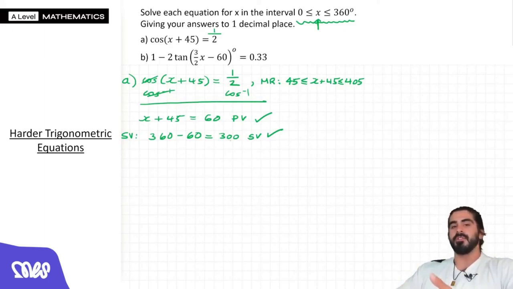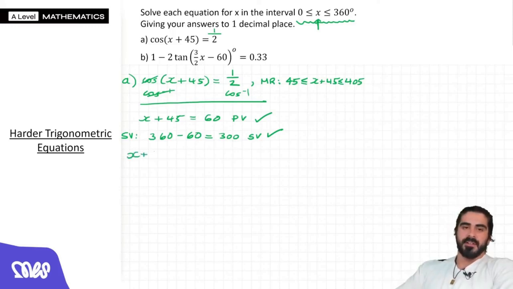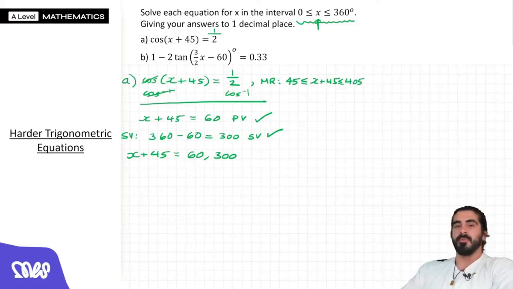Are we going to minus 360? 300 minus 360 is minus 60, which is also not in the range. So our only two answers here are 60 and 300. These are in the modified range. Remember, we set the modified range to be x plus 45. Then finally, we just subtract 45, and we get our final solution. 60 minus 45 is 15, and then 300 minus 45 is 315.